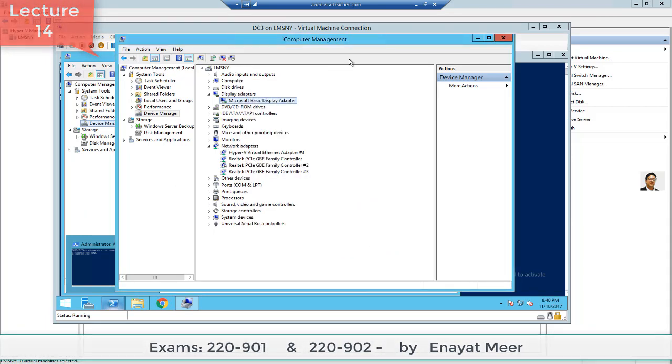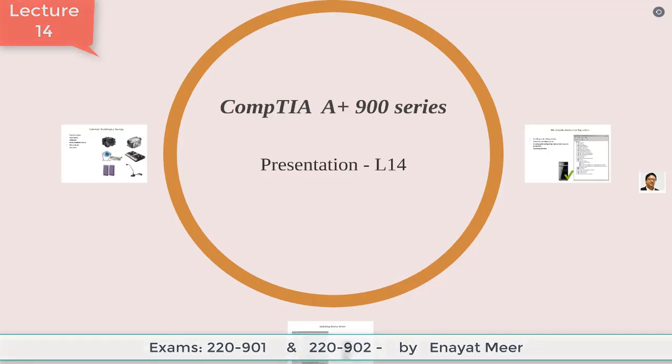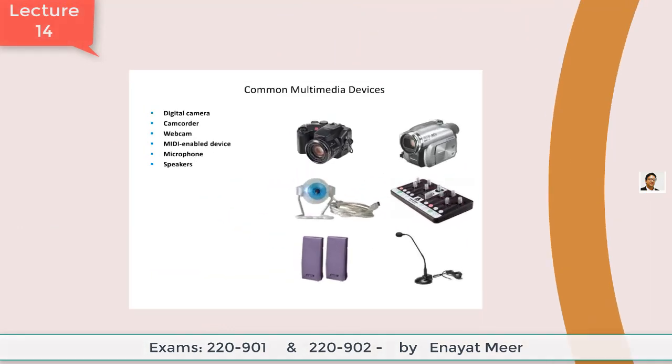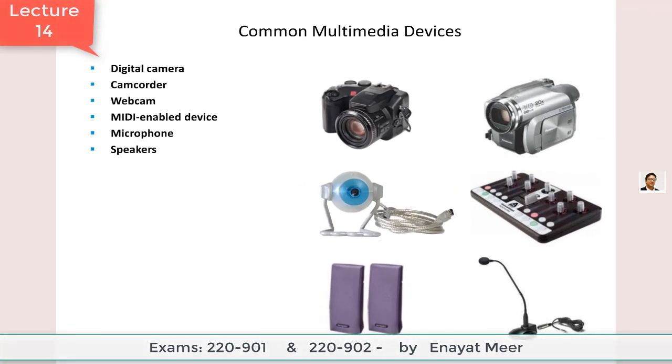So let's go back to the presentation where we discussed before how we're going to move on from this point. Let's go page by page through these slides. This is my first slide, where you can see some common multimedia devices. Very commonly we use digital cameras these days a lot.